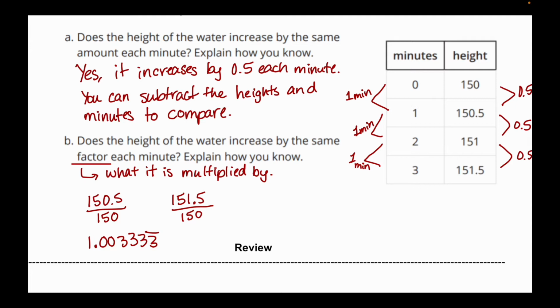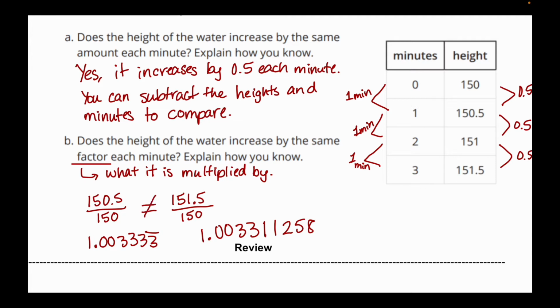Now, if I do 151.5 and divide that by 151, I actually get a different number. I'm going to get a close number, 1.003311258, and that's as far as my calculator goes. So this is not equal.